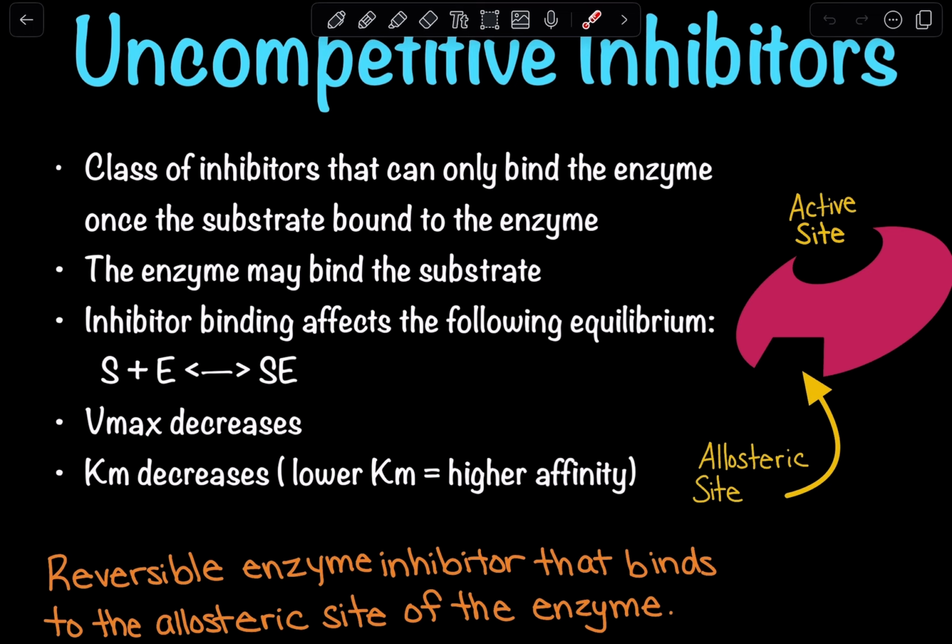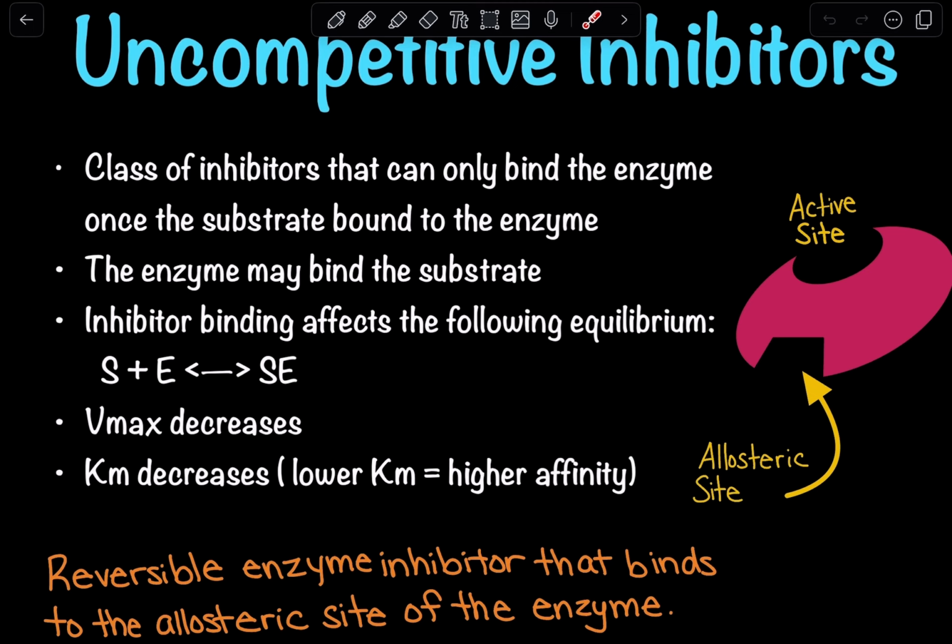So essentially, the hypothesis and the theory behind that is that when the substrate binds to the enzyme, the overall enzyme substrate complex goes through a conformational change, which exposes a site where that inhibitor can bind. But what's interesting is that the inhibitor itself can also bind the substrate in that enzyme substrate complex as well in some rare occasions.